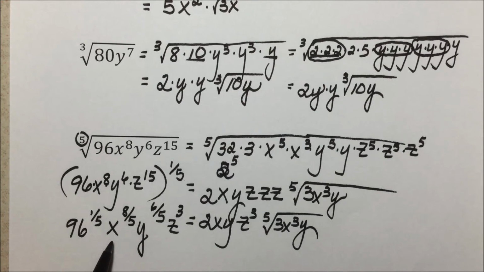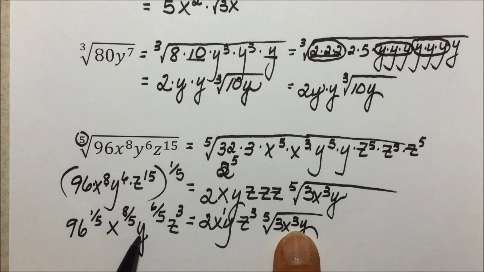If we go back and simplify this, how many times does 5 go into 8? 5 goes in once with 3 left over. And here's what we ended up with. Here's our x to the first. We have a whole group of 5 x's multiplied together, which is the 5th root, and 3 remaining. Notice what's underneath the radical, x to the 3rd power.